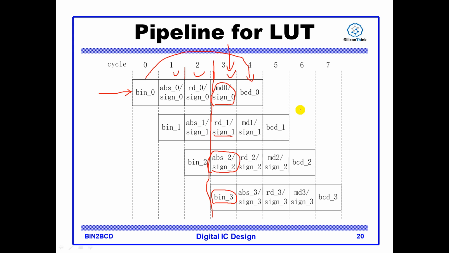After the pipeline is filled with data, that is, after about 3 or 4 cycles, there will be output cycle by cycle. So these are the characters of pipeline.